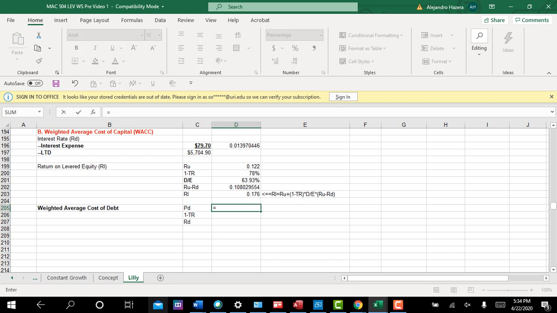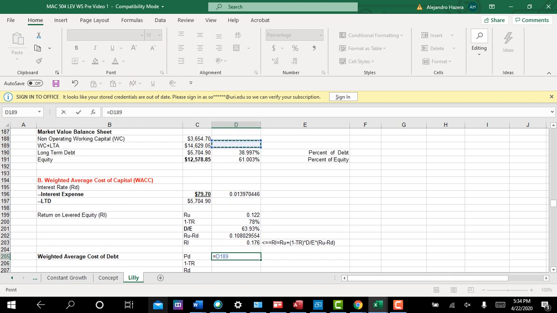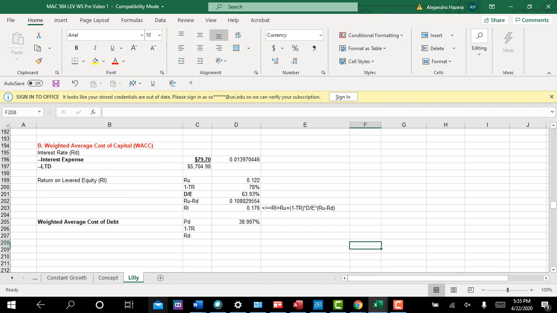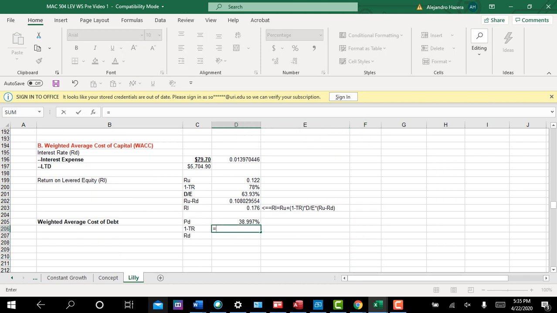The first number here is the portion of your capital that consists of debt. That's it right there. My variable name here is PD, and my variable here is PE, let's call it. Those are the proportions of your capital that are debt and equity. The next number is 1 minus my tax rate, which is equal to that number right there.